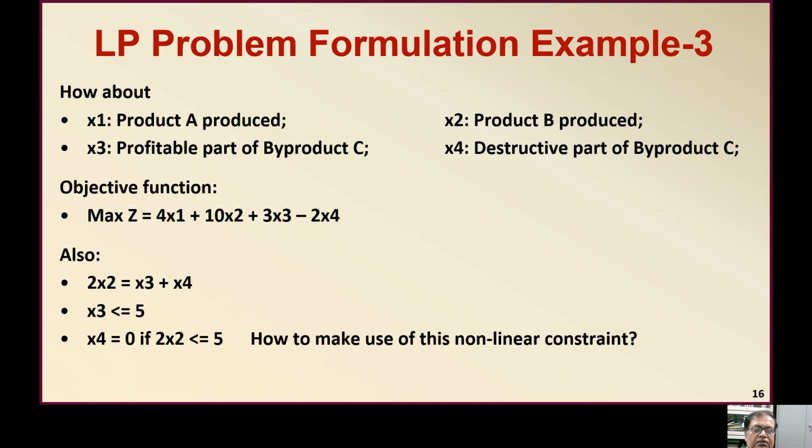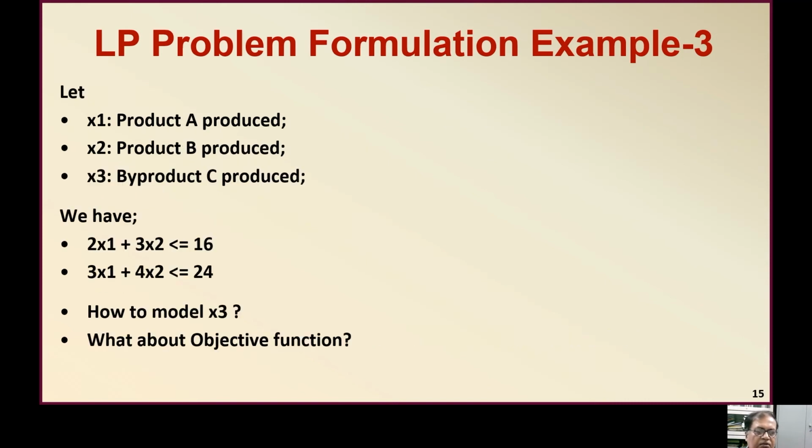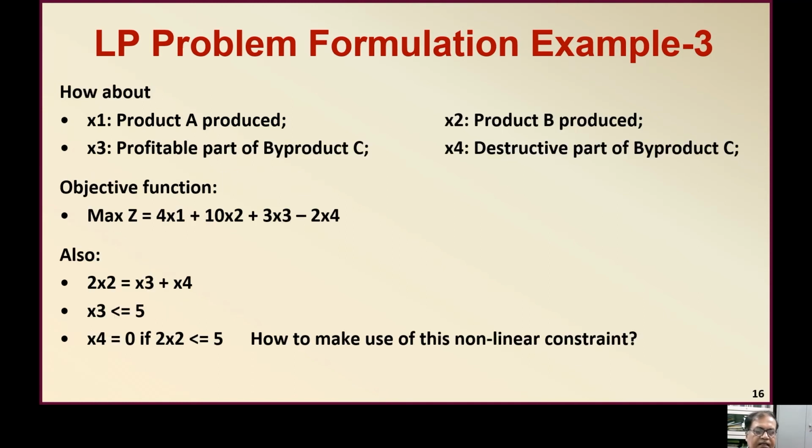So having said that, if we have these 4 different variables, the objective function is pretty straightforward. Maximize z equal to 4x1 plus 10x2 plus 3x3 minus 2x4. So we have no difficulty there. What would be the constraints? We have already got 2 constraints, 2x1 plus 3x2 less than or equal to 16 and 3x1 plus 4x2 less than or equal to 24. So they will remain as they are.